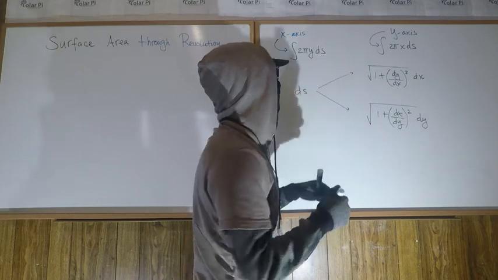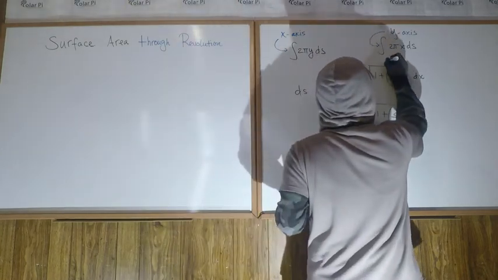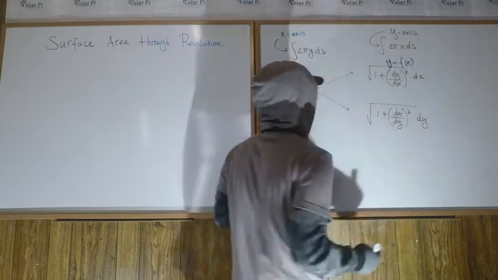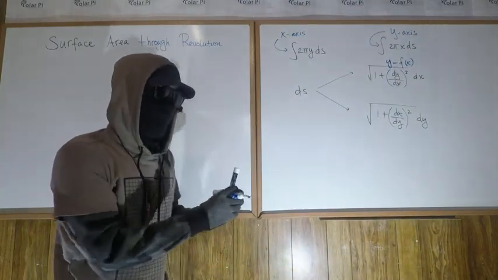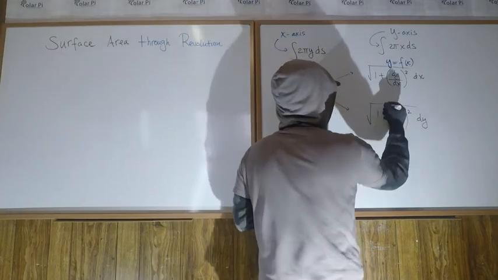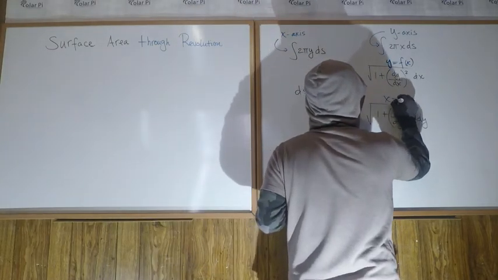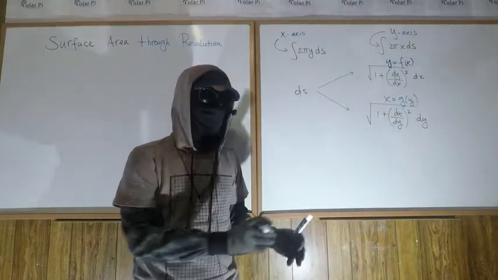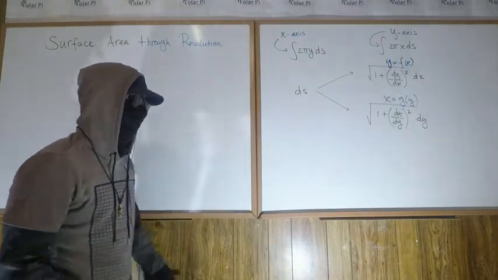When do you use which? You use the first if your function is of the form y equals f of x, in other words y in terms of x, and you use the second if your function is x equals g of y, in other words x equals stuff that has to do with y.